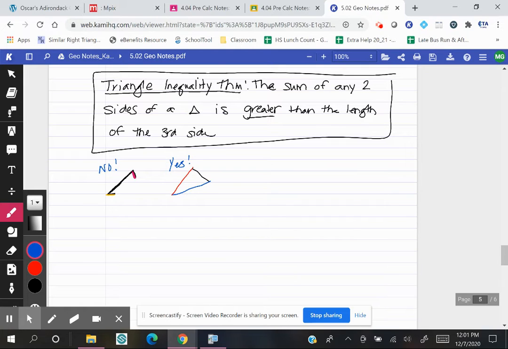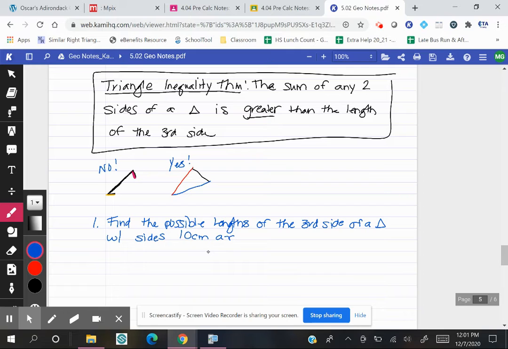Okay, so let's take a look at an example here. Find all the possible lengths of the third side of a triangle with sides 10 centimeters and 14 centimeters.